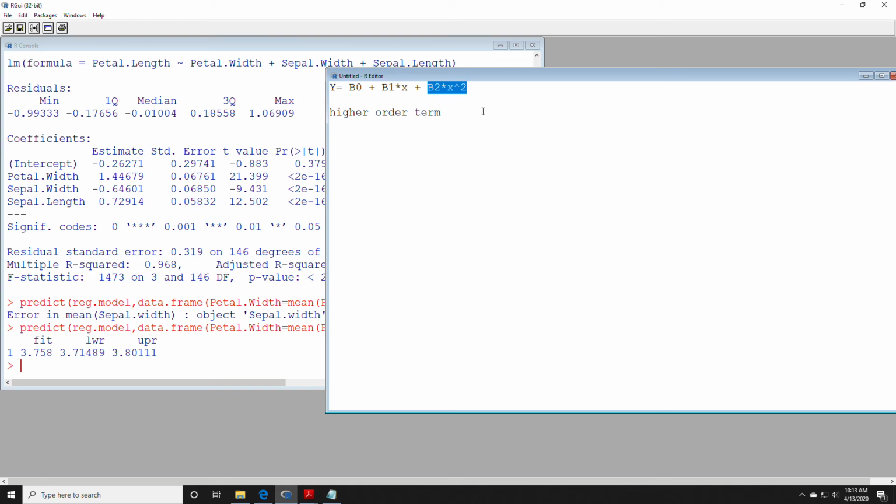Here's another example. Let's say we have two different predictor variables, x1 and x2. This is now a multiple linear regression model. There are no higher order terms here. This is simply beta times a predictor. Another example of a higher order term is what's called an interaction.